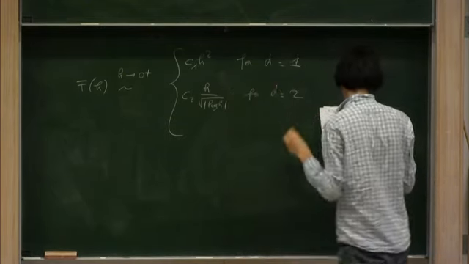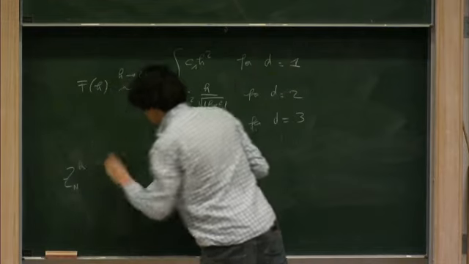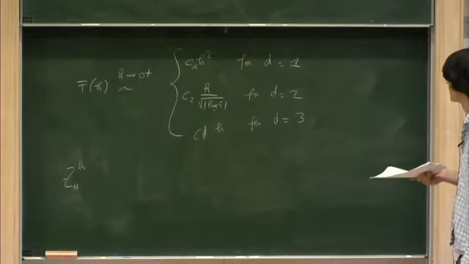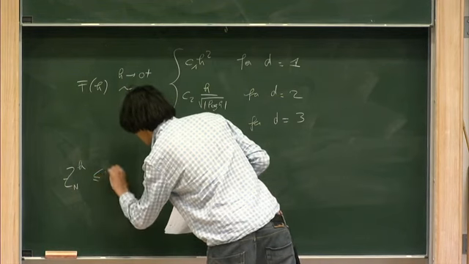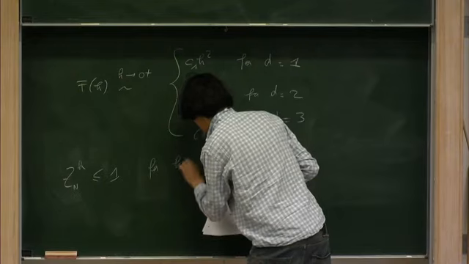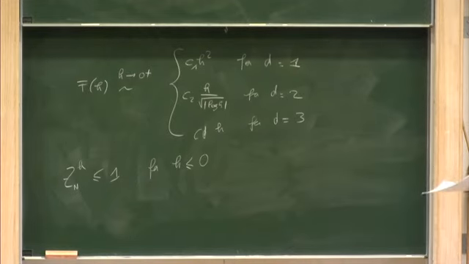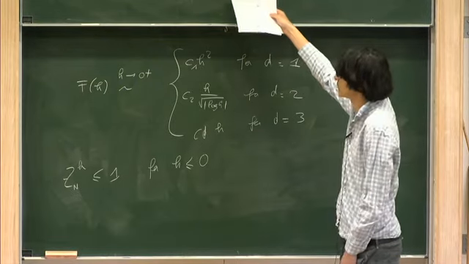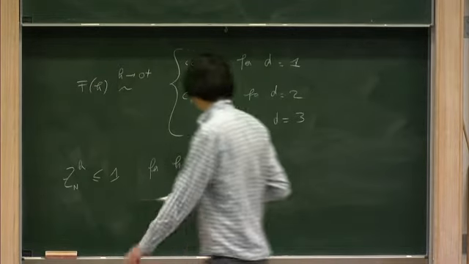So let me briefly justify why the transition occurs at 0. Of course, if you look at Z_{n,h}, the partition function of the pure system, it is smaller than 1 when h is negative, because it's the exponential of something which is negative. So to prove that the free energy is 0, you just have to get some lower bound on it.